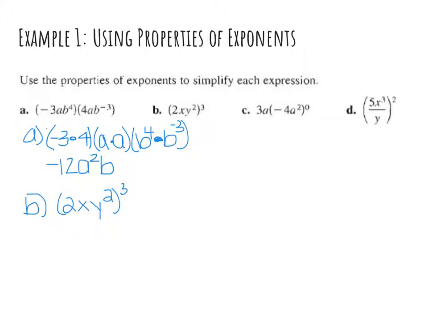That means that we need to take to the third power the 2, so 2 to the third power, x to the third power, and y squared also needs to be raised to the third power. 2 to the third power, that is 2 times 2 times 2, which is 8. X to the third power, and when we take a power to another power, we multiply those, so this would be y to the sixth power.